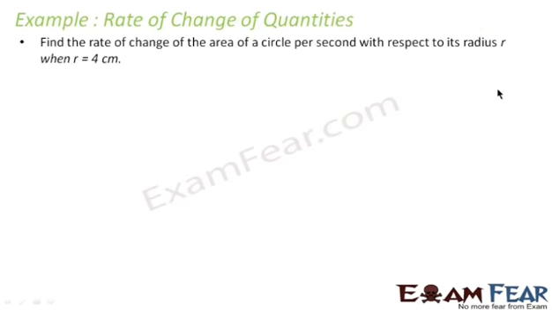So to understand the concepts better, the question says we have to find the rate of change of area of a circle per second with respect to its radius. Understand this, the term here is rate of change of area of circle with respect to radius.